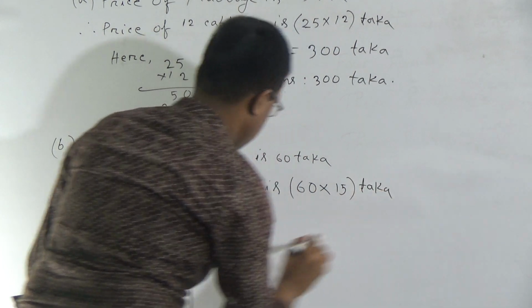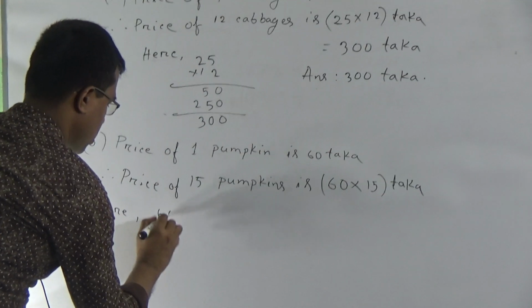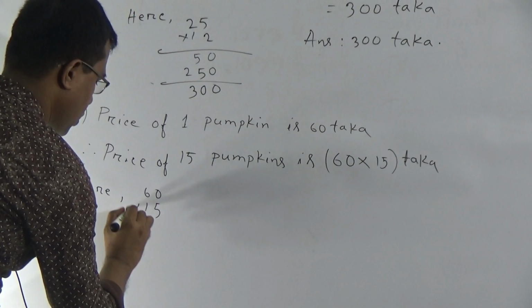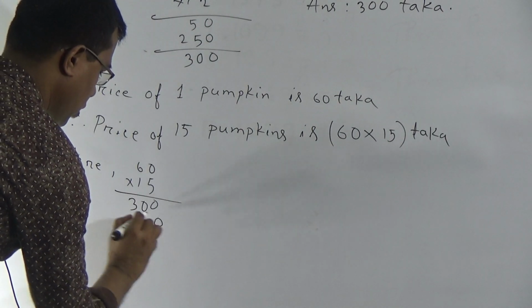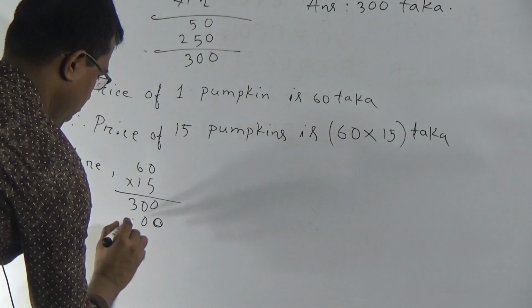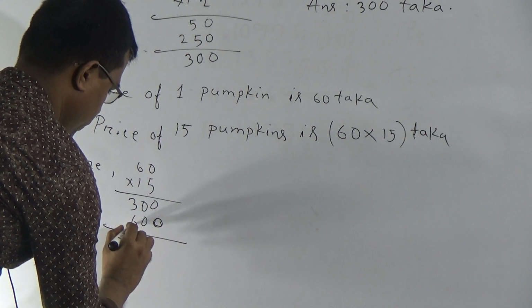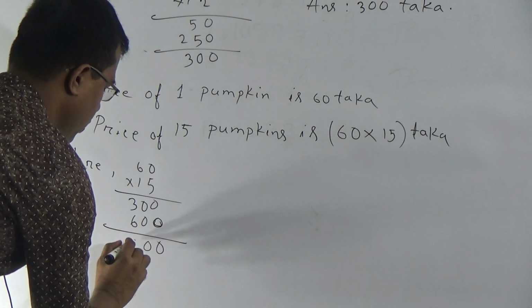Now here 60 multiplication 15. 5 zeros are 0 and 5 sixes are 30. Now take 0 in the tens place, then 1 zero is 0 and 1 six is 6. If we add, then 0 plus 0 equal to 0, 0 plus 0 equal to 0 and 6 plus 3 equal to 9.